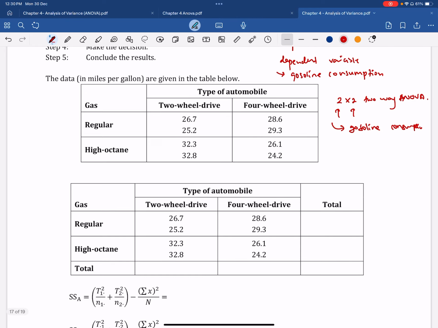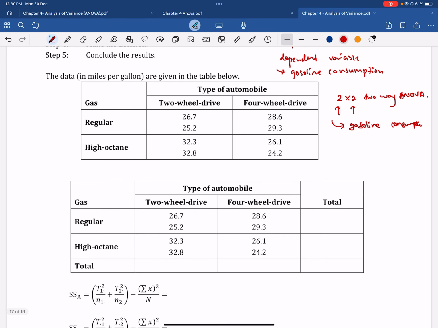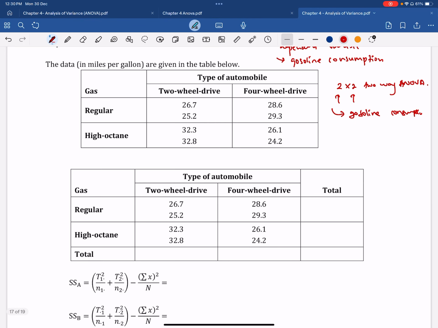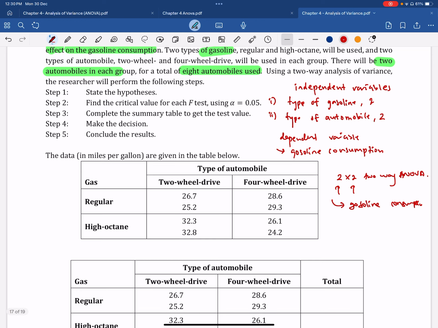All right. For this particular example, this is the data. Since each of the groups will have 2 automobiles, this is how the data will look.